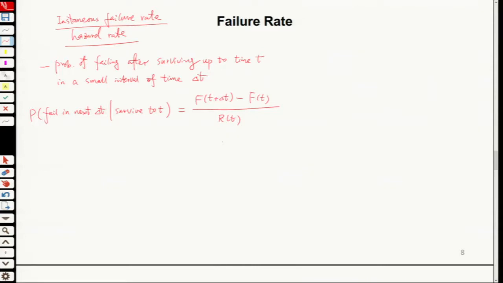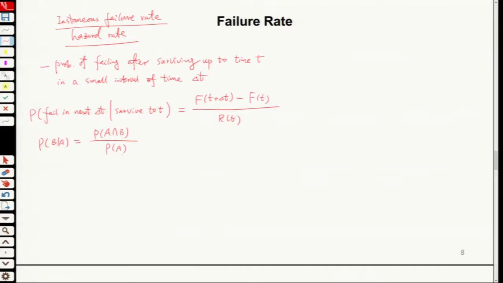Am I making sense? So this is actually P(B given A) equals P(A intersect B) divided by P(A).